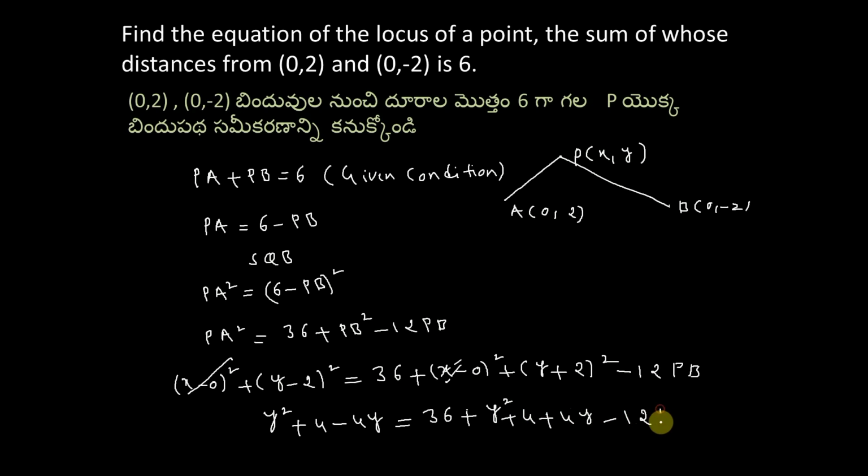Again cancelling similar terms, y square and 4 get cancelled. Now bring these two terms to this side. Minus 8y minus 36 is equal to minus 12 PB.